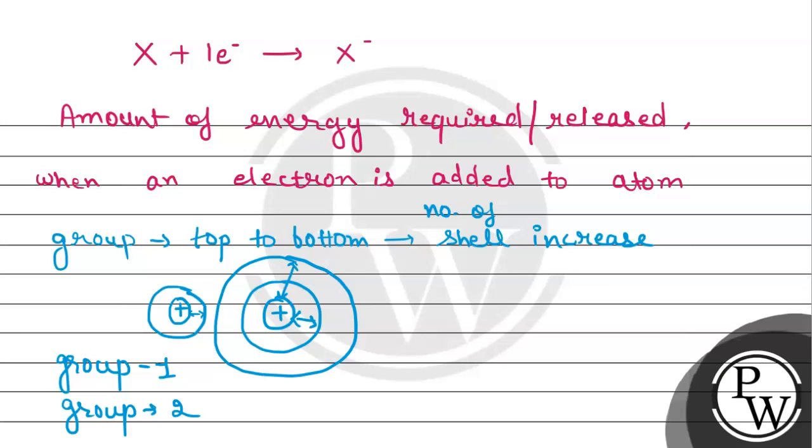The distance from the nucleus will be increased, and the outermost electrons are further away, and the interaction, the nuclear force, will decrease.